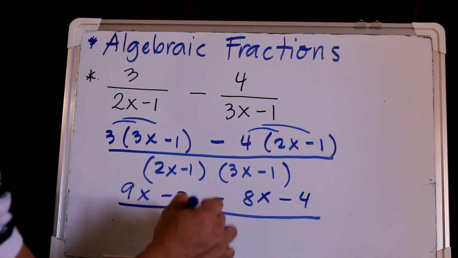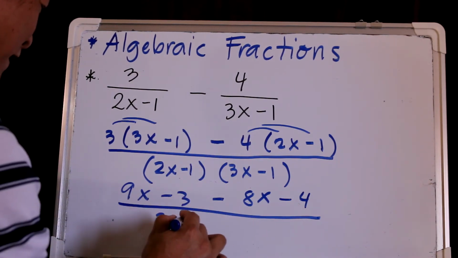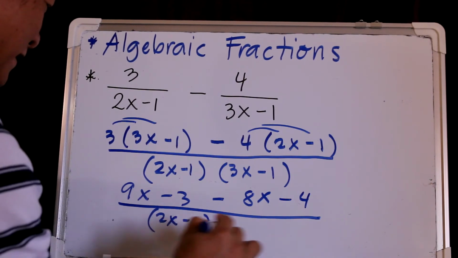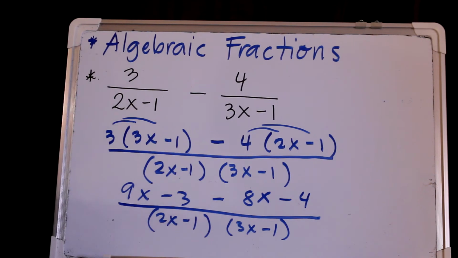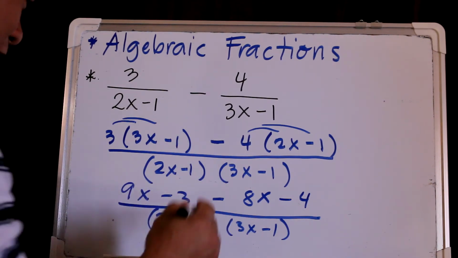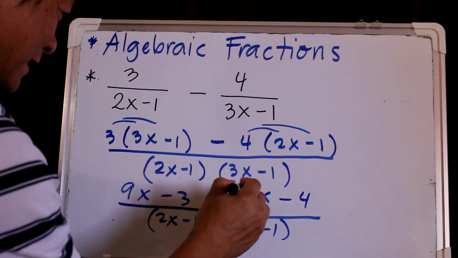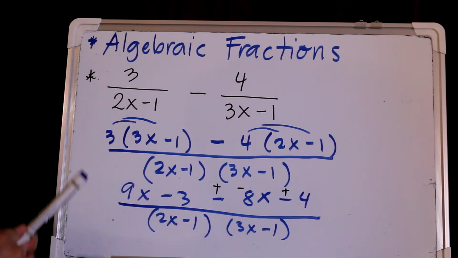Then again, remember the minus sign, that's the rule there. So this is a minus sign. What we are going to do is make it a plus, and this becomes plus.